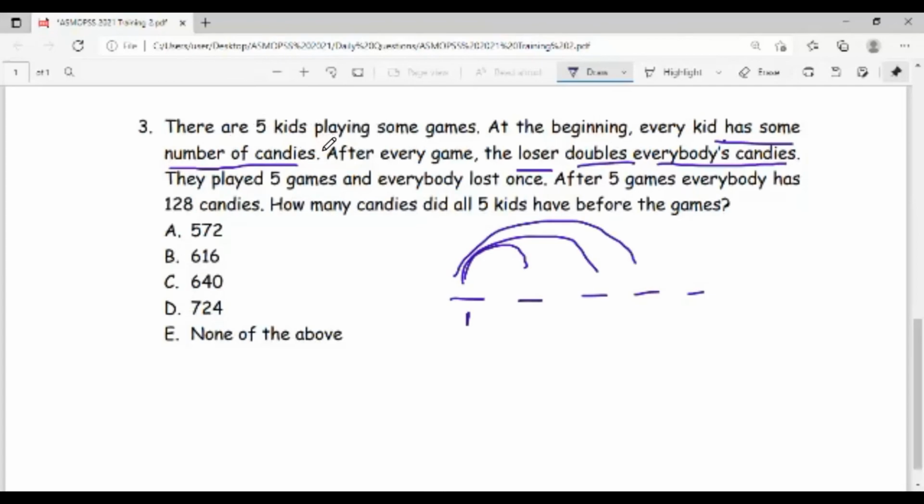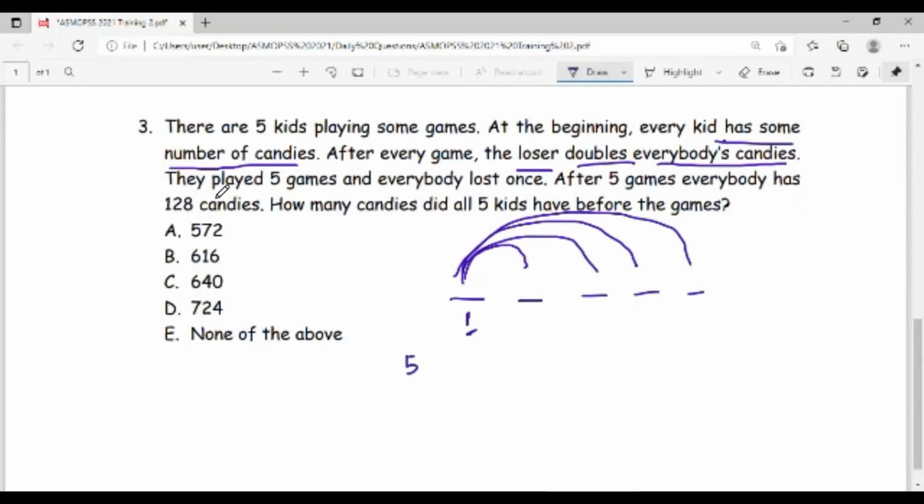So that means everybody's candies increase in number while his decreases, and so on. So what it means is that none of the candies actually go outside of the 5 children here. So that means that the total number of candies in the beginning and at the end of the 5 kids altogether remain the same.